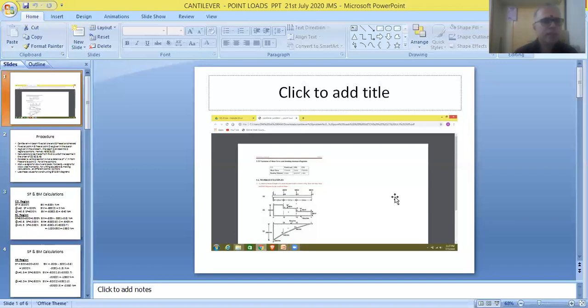So friends, let us go to the next slide. Before starting the problem, we will note down the general rules and procedures to be adopted for solving the problem and for constructing the shear force and bending moment diagrams.